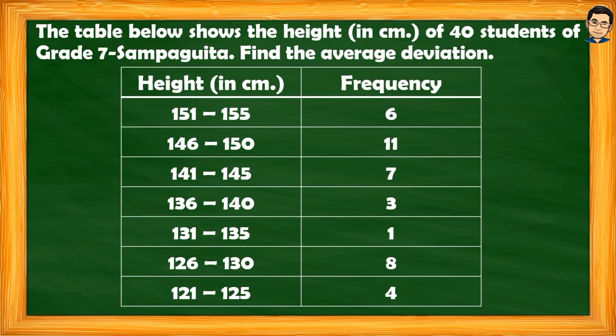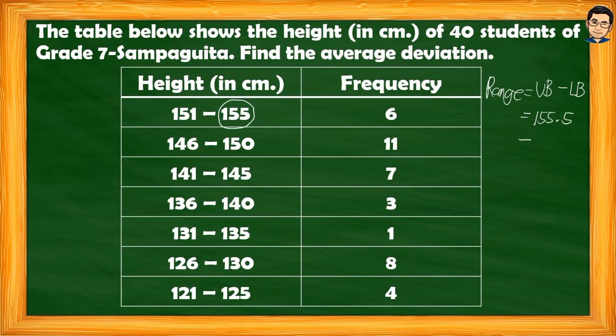Let's discuss the range here. To get the range in grouped data, range is equal to upper boundary minus lower boundary. Our upper boundary, we add 0.5 to it, so it becomes 155.5.